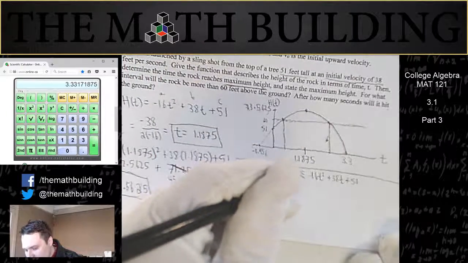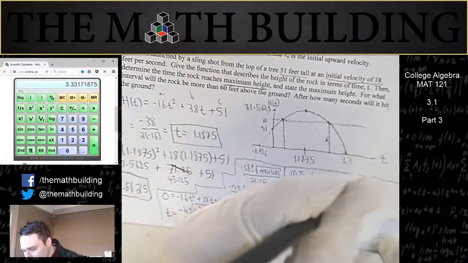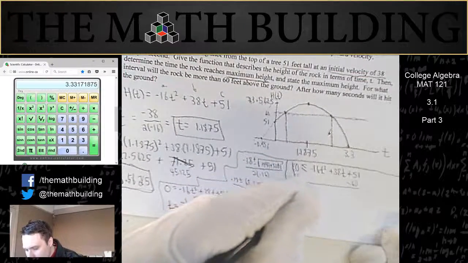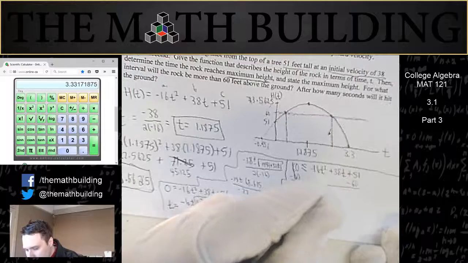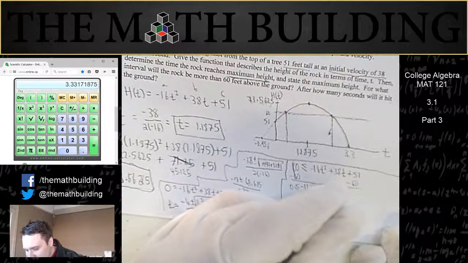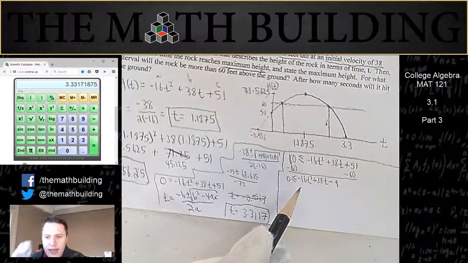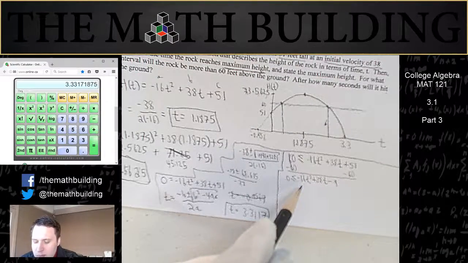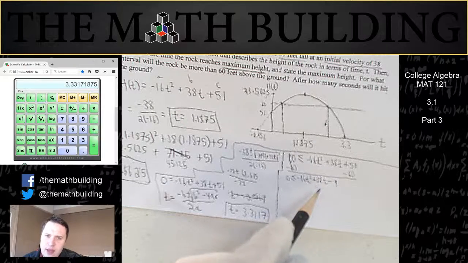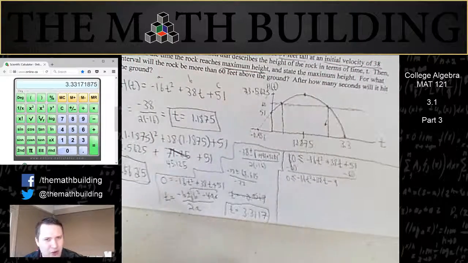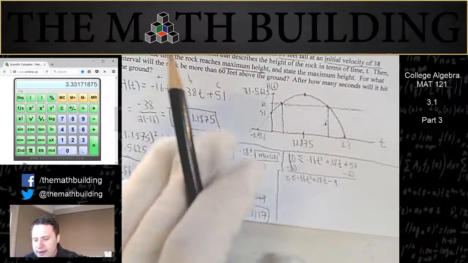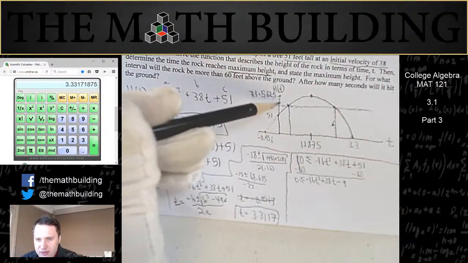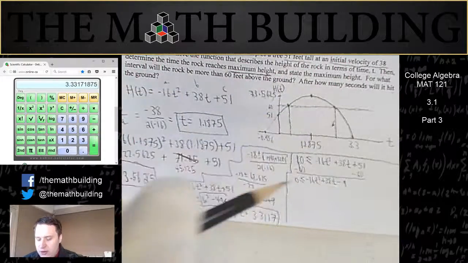So first let's subtract 60. So we get 0 is less than or equal to negative 16t squared plus 38t minus 9. And basically what we're going to have to do now is the quadratic formula all over again. Because you might remember we solved one like this in a very early section, I think near the end of chapter 1. And so essentially by subtracting 60, we've moved this up 60 spaces. So now we just need to find the intercepts again.